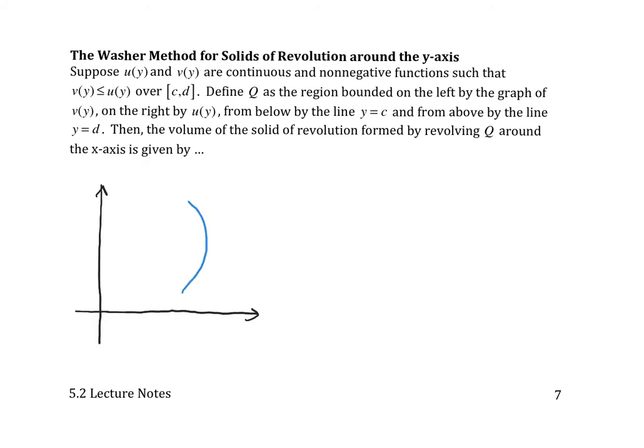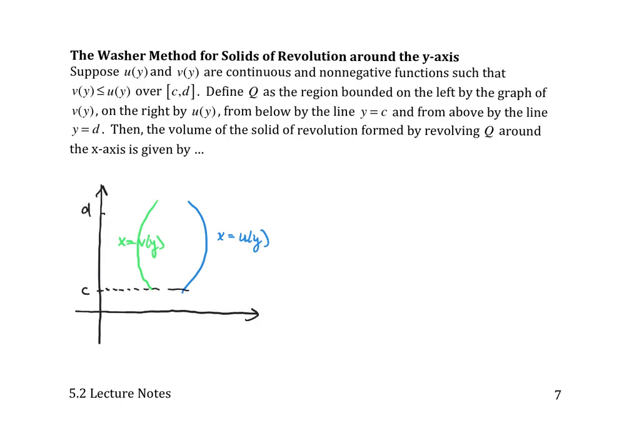So this would be x equal to u of y. My smaller function is going to be on the left. So this is going to be something like x equal to v of y. And I'm going to call my smaller y value c and my bigger y value d like this.